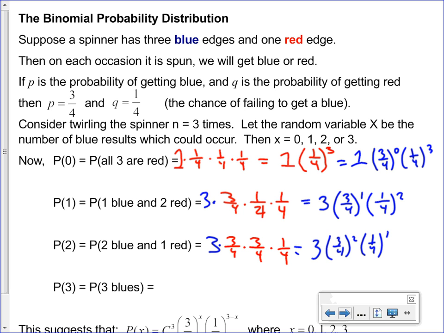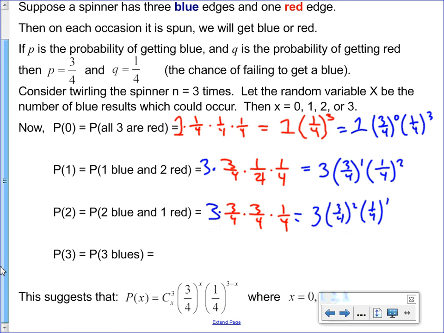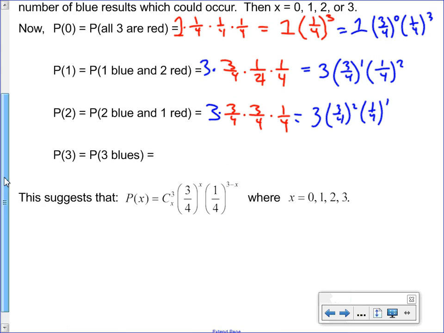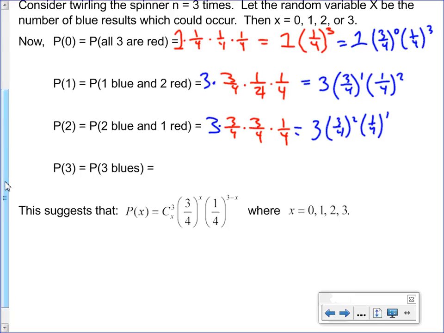And then the probability of having 3 blues is 3/4 times 3/4 times 3/4. There's only one way that can happen. So would you agree this is 1 times 3/4 to the 3rd and 1/4 to the 0?